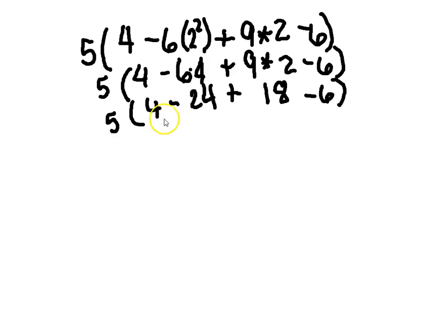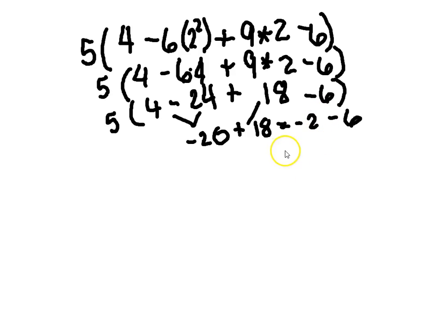So let's go ahead and add these. So this is going to become a negative 20 plus 18, which is going to get you a negative 2, and then that negative 2 minus 6 is going to get me a negative 8.